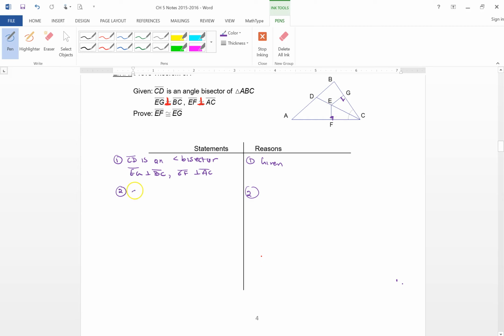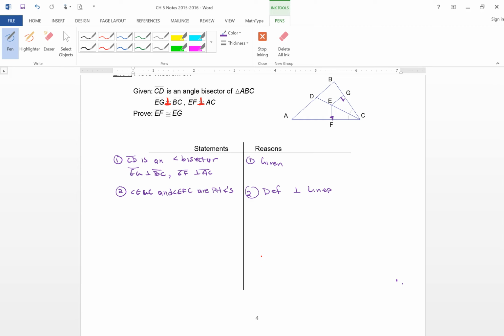So angle EGC and angle EFC are right angles. Why? Definition of perpendicular lines. There is no perpendicular bisector here. Okay?